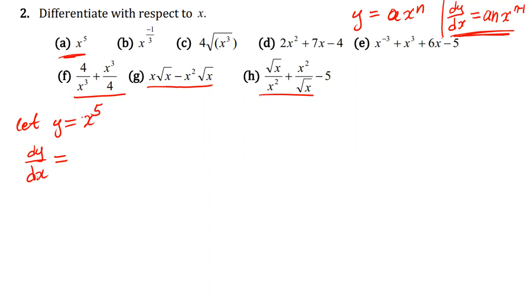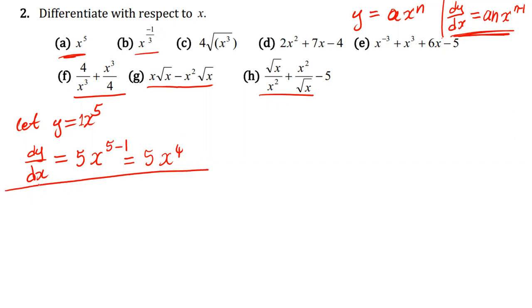In this case the coefficient of x is simply 1, so we have 1 in front of x. We multiply 5 times 1, which gives us 5. Now I write x, and from the power I subtract 1, so I have 5 minus 1. The final expression will simply be 5x to the power 4. This is how you differentiate using the power rule. Then let's move on to the next one.